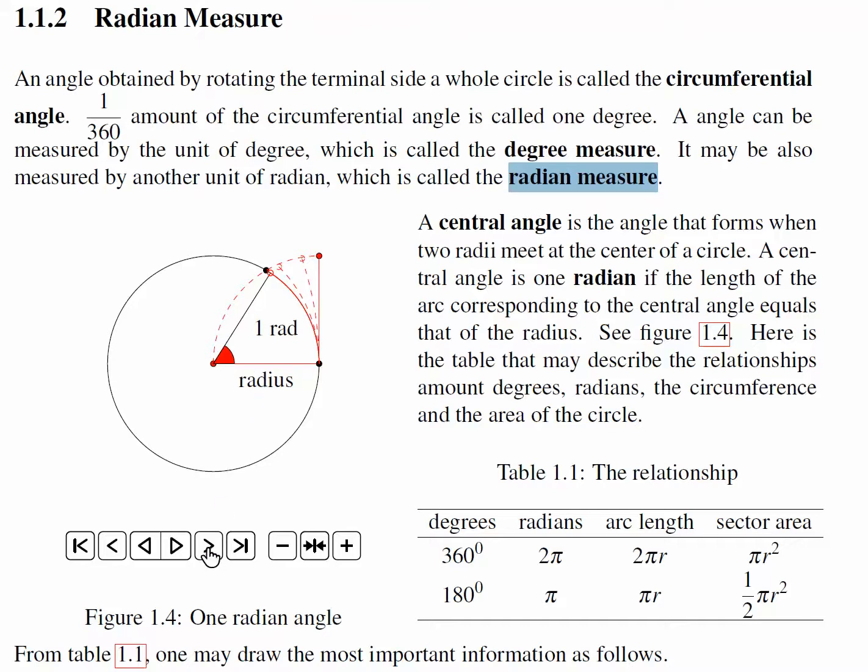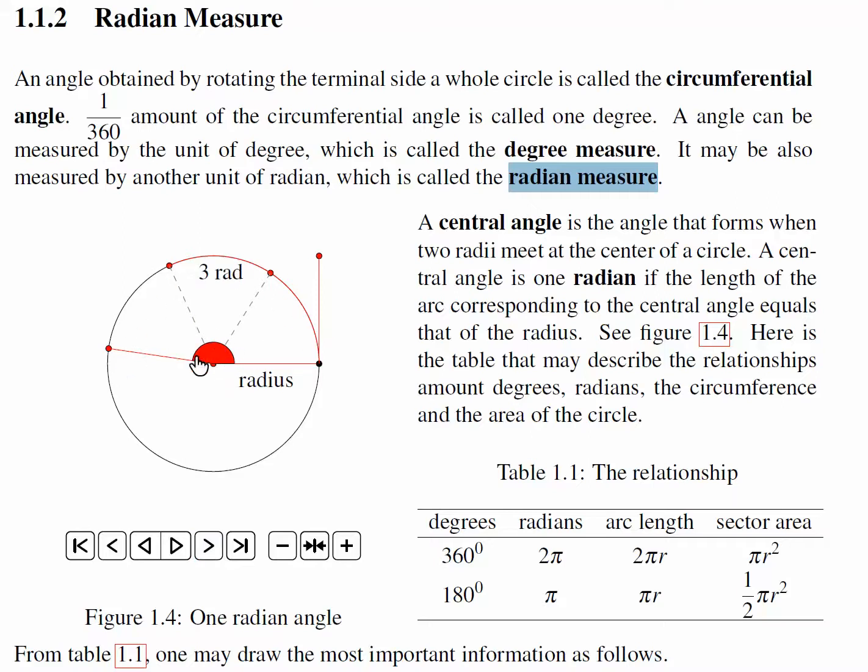And then you will get 2 radians if the length of the arc here equals the radius, and the length of the arc here also equals the radius. And here you then have 1, 2, 3 parts.